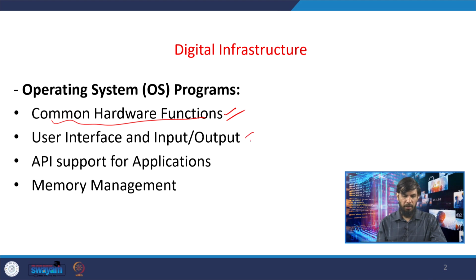Then user interface and input output. As a user, when we interact with a computer, we are essentially interacting via an operating system. So, for that interaction operating system provides an interface.